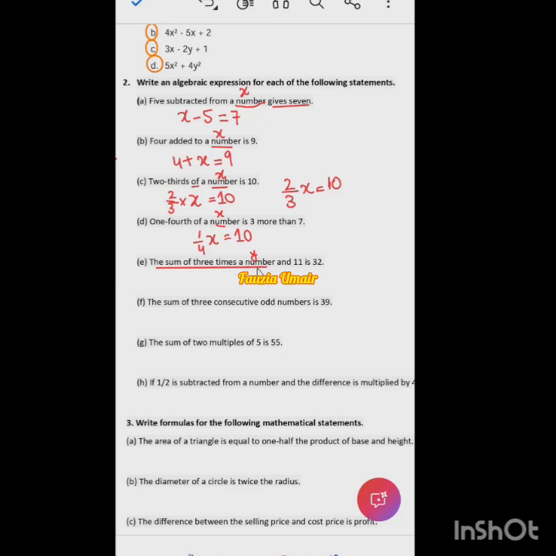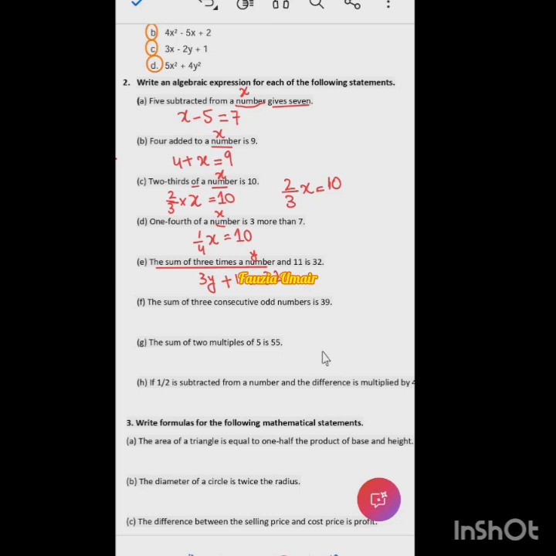Not y to the power of 3, it needs 3 times y. 3y. ठीक है? Sum है, तो plus 11. So 3y plus 11 is equal to 32.